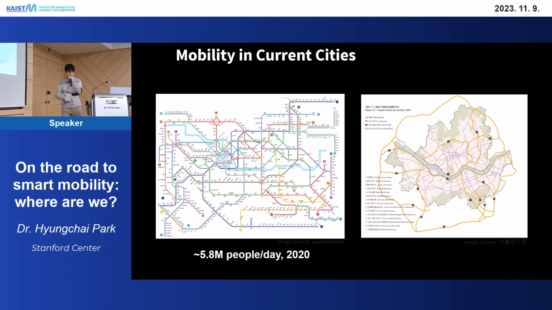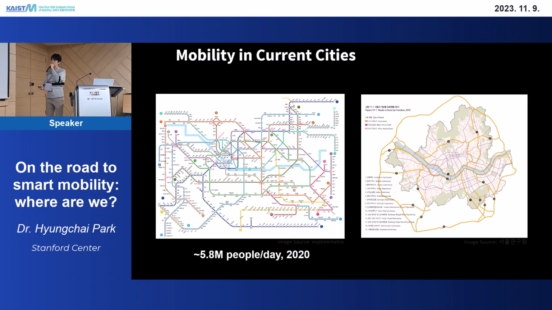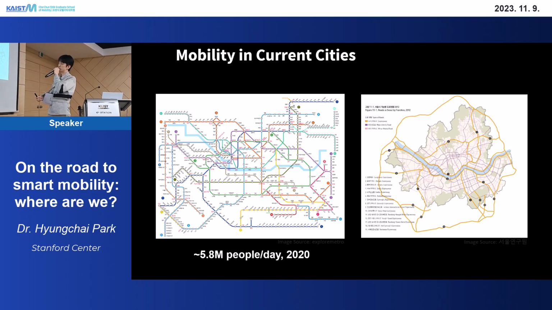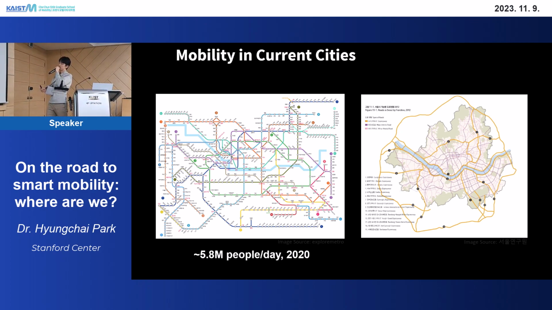But the way to achieve that is mainly by the quantitative increase of infrastructure. This map shows the subway networks of Seoul, which carried 5.8 million people per day in 2020. And this shows the major roads in Seoul, which connect basically every single section of Seoul.